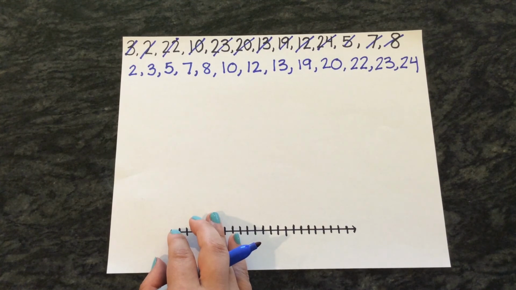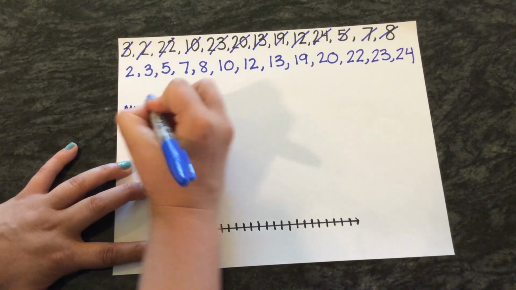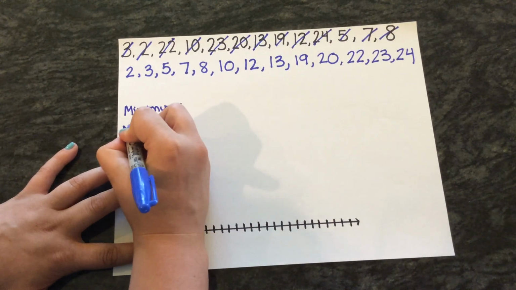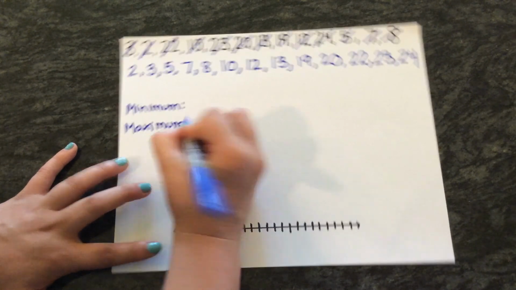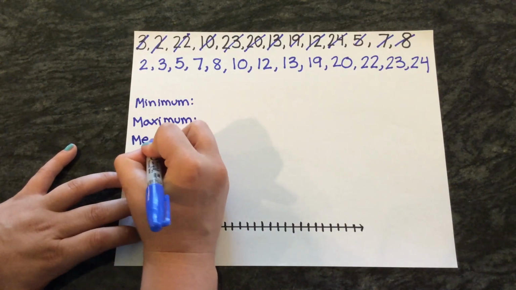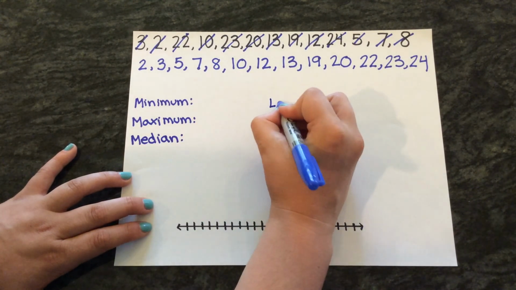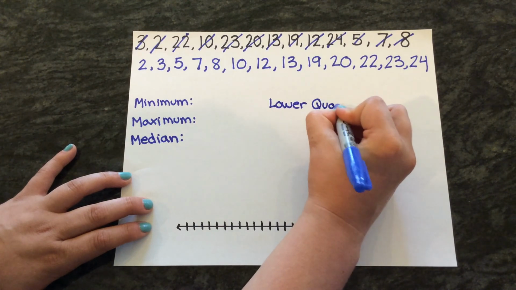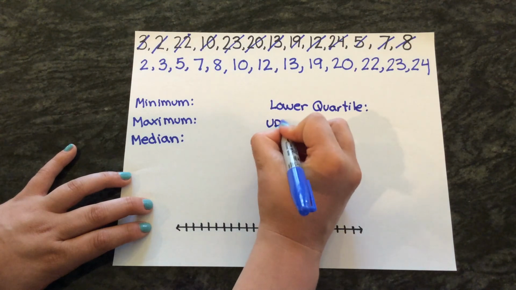Now that we have them in order, we will need to find the minimum, maximum, median, lower quartile, and upper quartile.